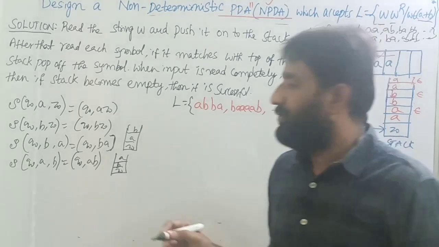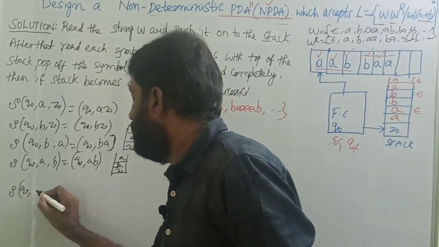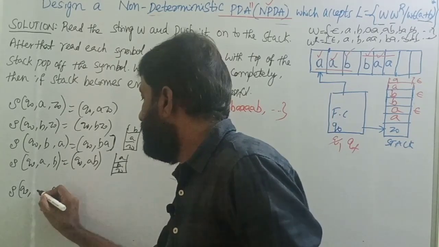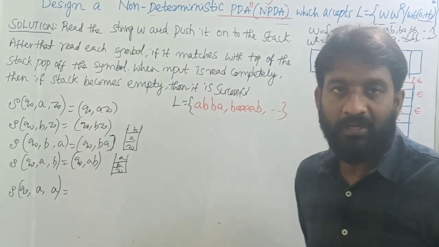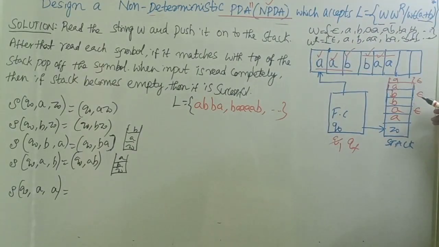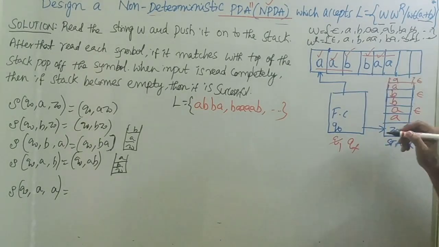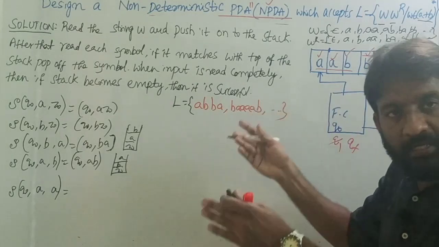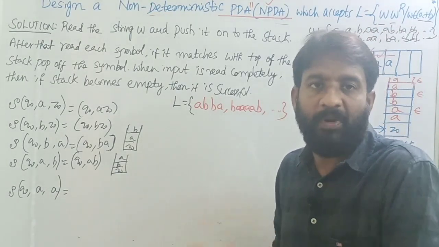Now transition of Q0, first input symbol is A and next input symbol is also A, let's assume. I have written two cases for this. If the input symbol and top of the stack are the same, you can add A onto the stack, that is one move, and another move is we can pop the symbol from the top of the stack.